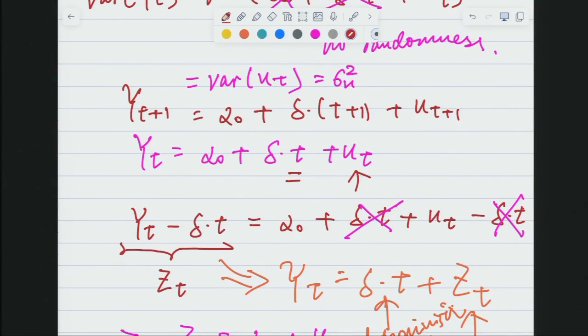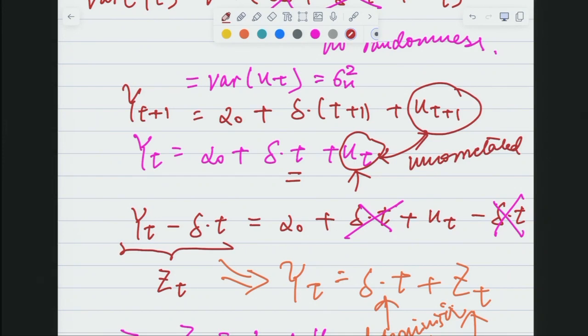The ut and ut plus 1 are uncorrelated, given that it's a white noise process. Okay, IID white noise, they are independent, therefore there's zero correlation. ut is uncorrelated with ut plus 1. The shock at time t does not affect the shock at time t plus 1, and given that y at time t plus 1 only depends on the shock at time t plus 1, therefore the shock has a transitory effect.